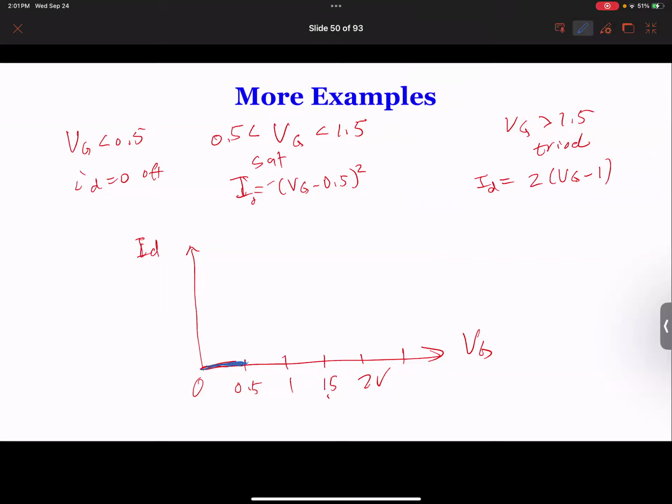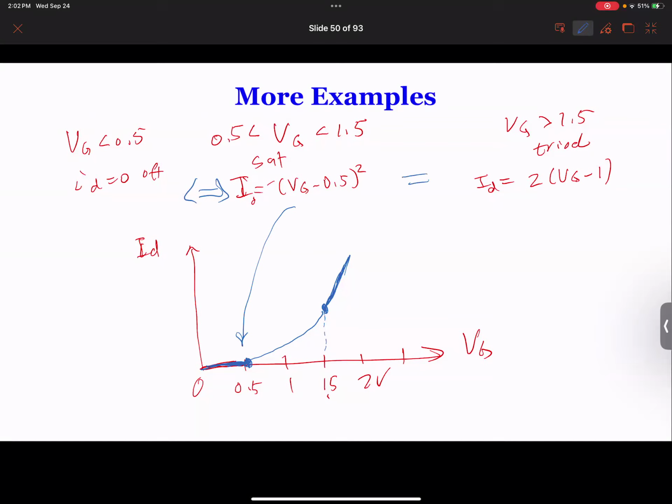Between 0.5 and 1.5, it's going to be a curve in the saturation region. Between 1.5 and 2, it's in the triode region. It's linear. Each of these points can be determined, because if you plug in 0.5, that does give you 0. So you have a continuous waveform.